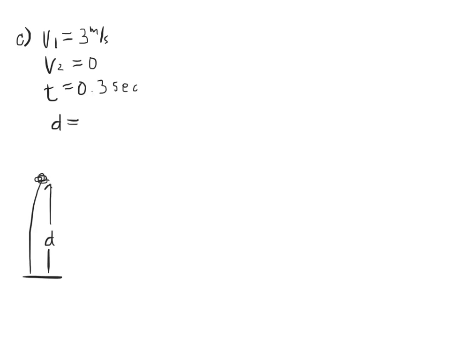So the only way that we can calculate distance is from v average equals d over t. We know that that equation then becomes d equals v average times time. So I need to figure out what v average is.